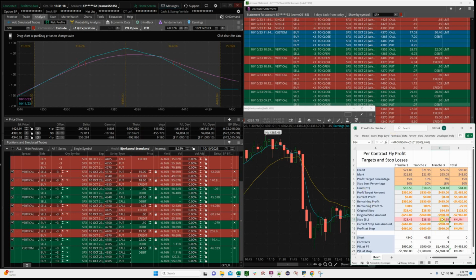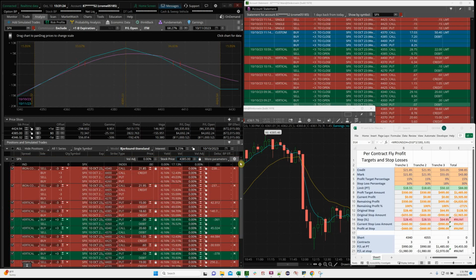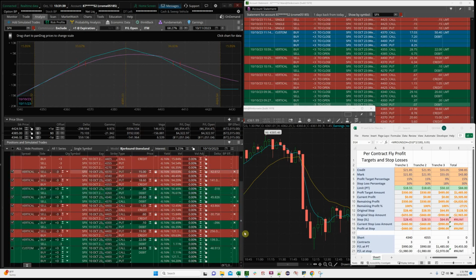Close to the stop. Why didn't that adjust yet? Did I miss it? Oh, sometimes you have to hit enter or something to get that number to take. 43.85. Well, it's 43.85. Maybe this is probably reflecting what the current price is right now.